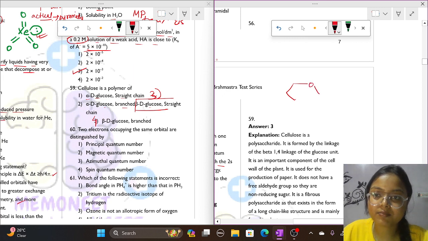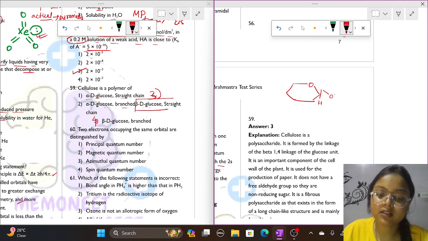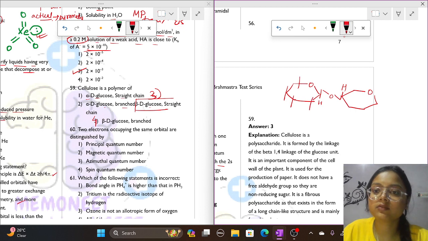This is the pyranose ring. Here it is H, here it is oxygen, and like this we can draw. Here is another molecule which is attached.